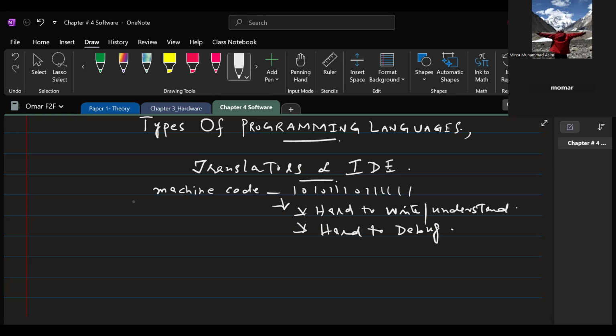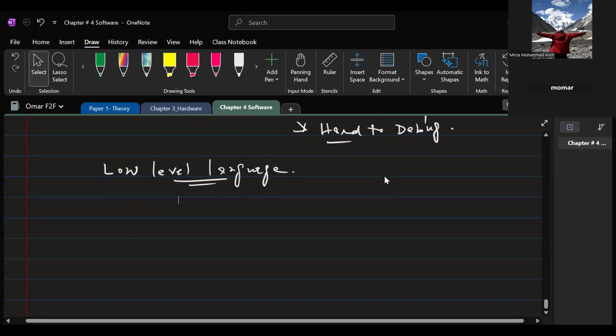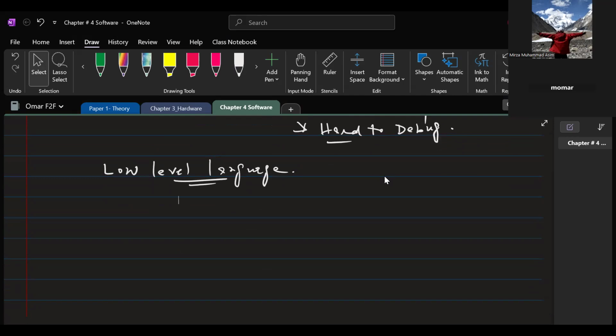So, low level language. A low level language like assembly language allowed programmers to write programs using simple commands.